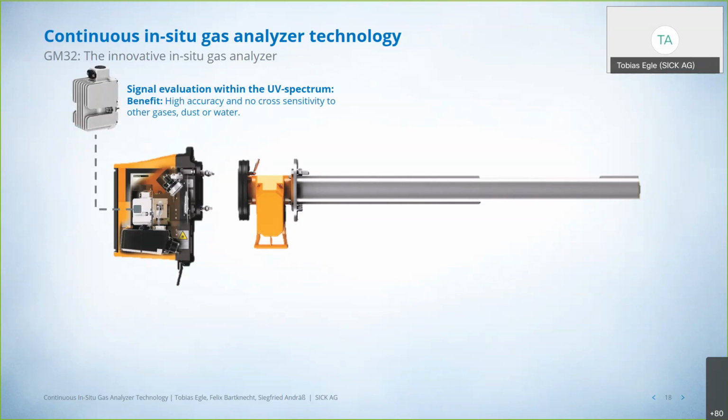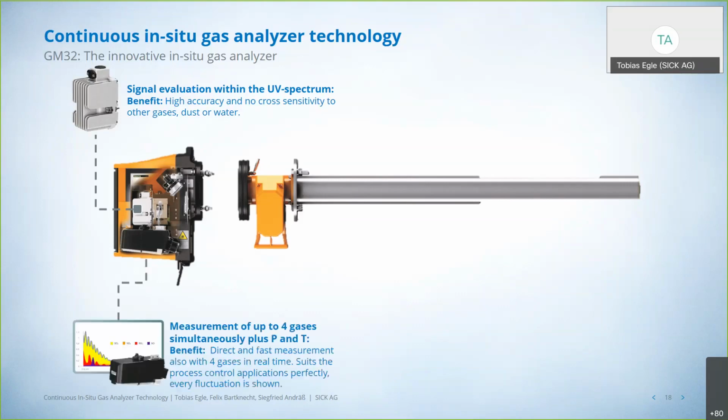So we evaluate in the UV spectra, which gives you high accuracy, no cross sensitivity to other gases or water. We use this UV light to spread it on a spectrometer, which has 1025 diodes, so every single wavelength will be evaluated on a defined wavelength.